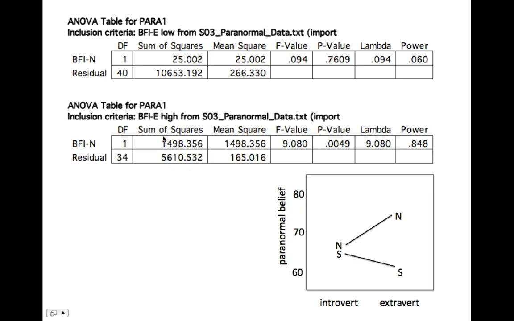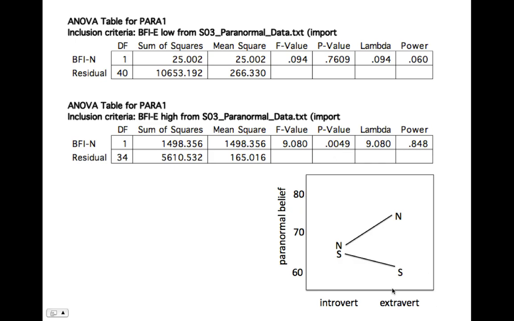Now let's take a look at the second paired comparison. These are for people who only scored high on extroversion. So it's the extroverts. This paired comparison is telling us whether or not there's a reliable difference between neurotic and stable personality types who are extroverts. And with a p-value of 0.0049, an F of 9, we can see that there is a reliable difference.